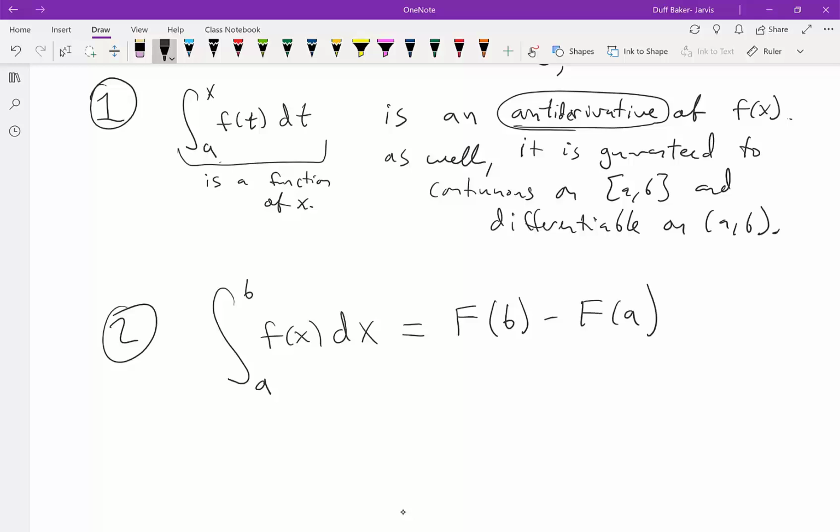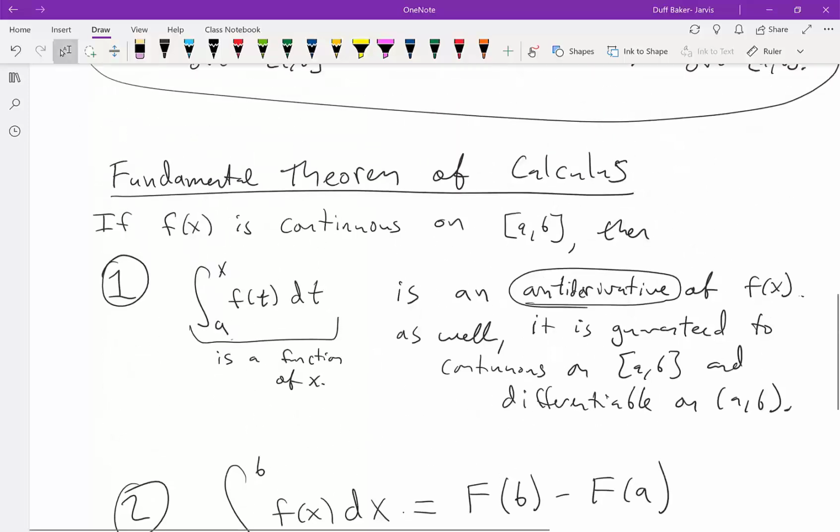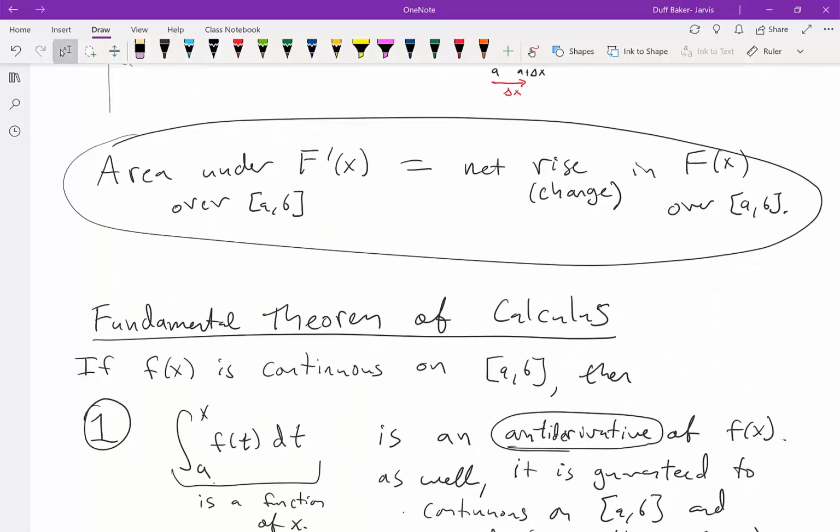But this part is exactly what I was making a picture of above, right? So when we went up here, we said the area under something is equal to the net change in the antiderivative.